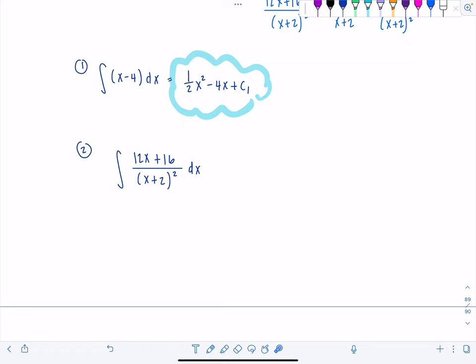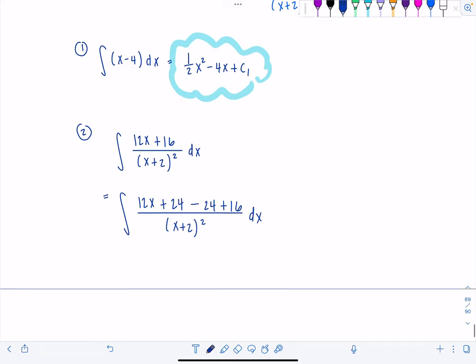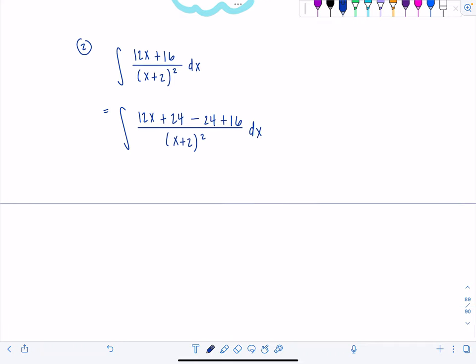Okay, so you're going to go ahead and make it happen. You're going to say, I want there to be a 24 instead. So I'm going to put a 24. And then I'll just subtract 24, and then that 16 is still there. This is one way to do it. Over x plus 2 quantity squared dx. And then they have to break up.